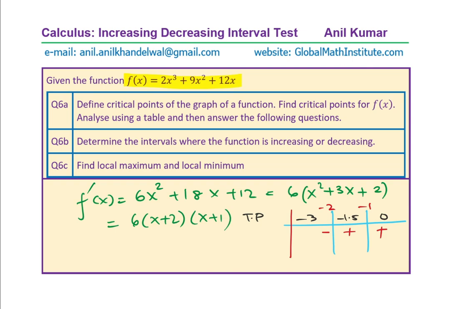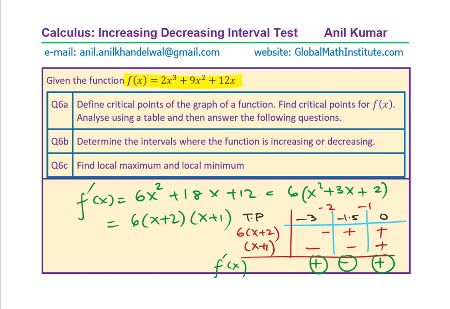So, let me write these factors as 6, x plus 2 as 1. The other one is x plus 1, correct? So, for minus 3 it is negative. As far as x plus 1 is concerned, these signs will be negative and then positive. Now, the derivative: 2 negatives will give me a positive, negative, and a positive.